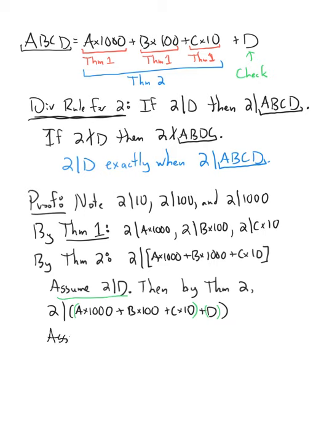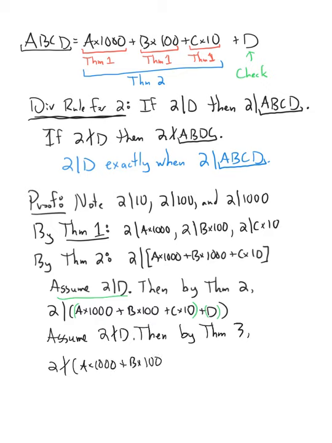Okay. And then let's do the other way. Assume 2 isn't a factor of D. Then now, by Theorem 3, we have 2 isn't a factor of A times 1,000 plus B times 100 plus C times 10 plus D. And again, I'm bracketing it in the same way.